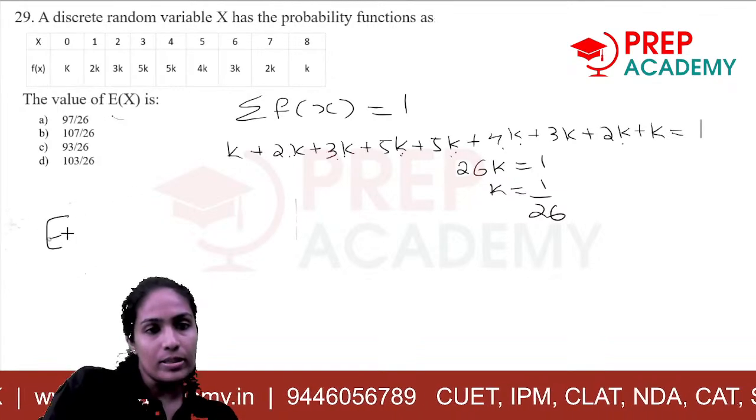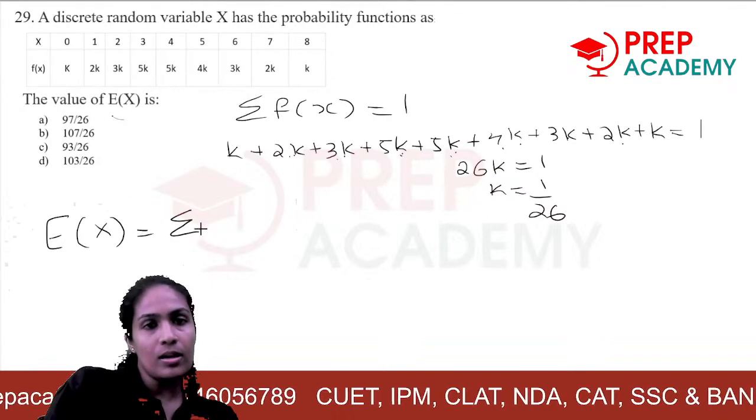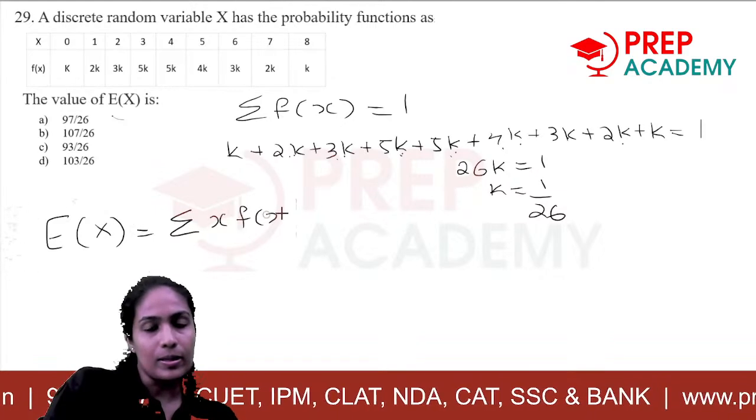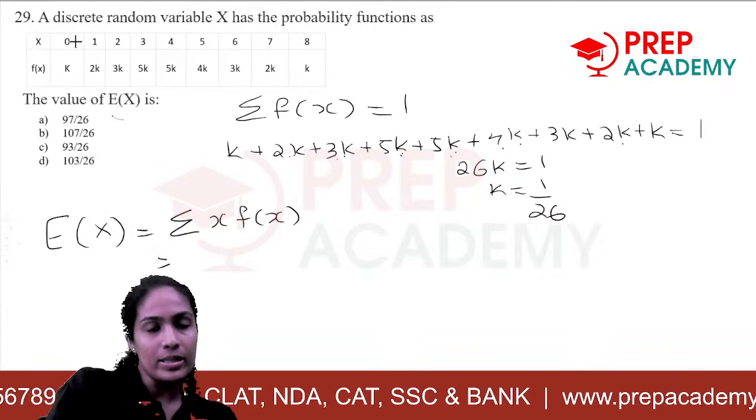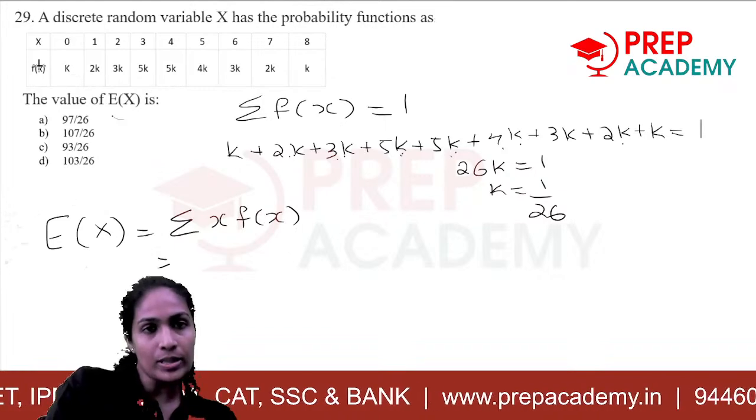So expectation of x is defined as sigma x into f of x. Multiply each x with the corresponding f of x, then take the sum.